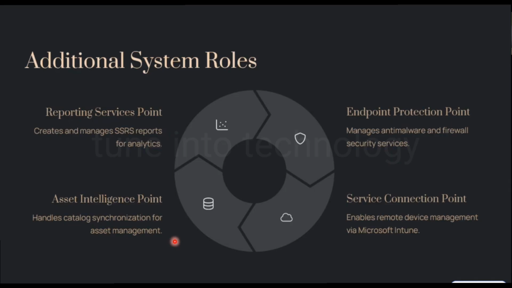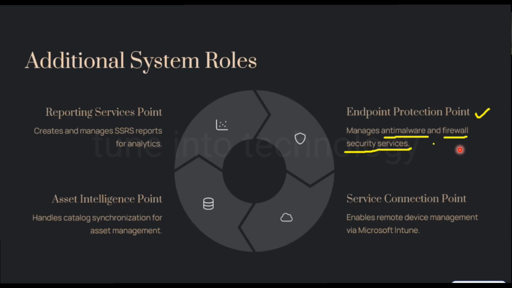Then endpoint protection. This is, I would say, the cybersecurity side of things, which is the most crucial one at the moment. It gives you the ability to manage your anti-malware, firewalls, security standards and services, all of that.